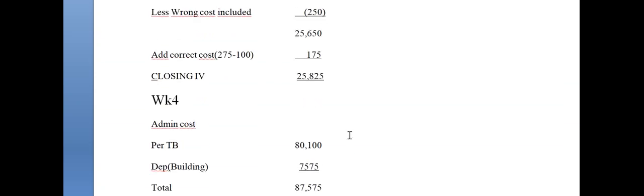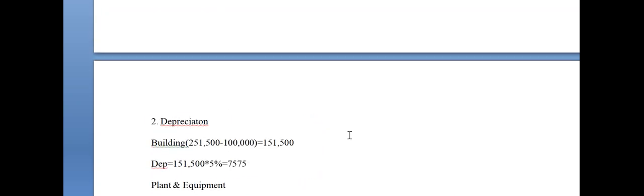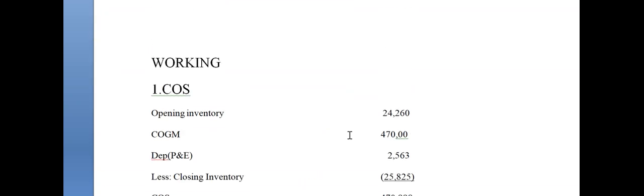So let's go. OCI. So we have revaluation surplus or gain. Revaluation gain. How much? 20,000.